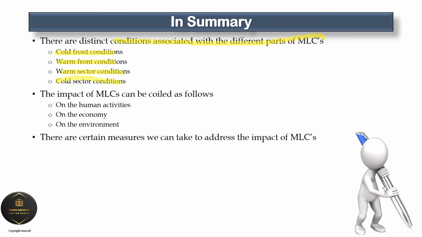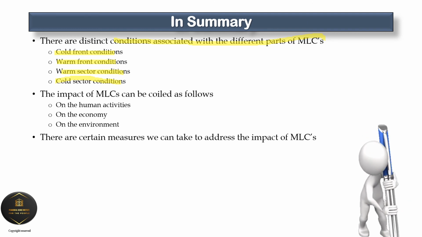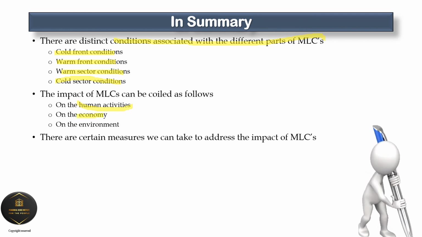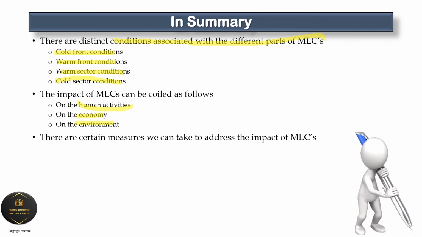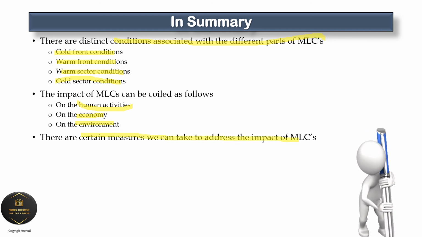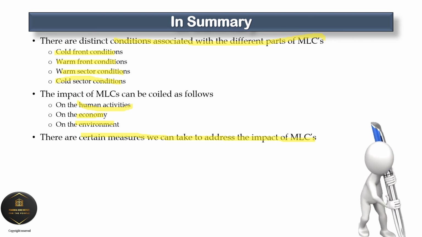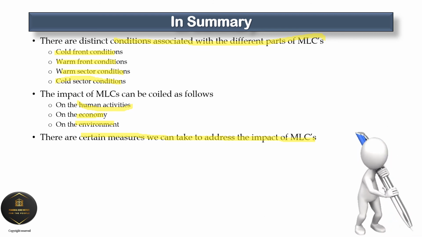And we also looked at the impact of the mid-latitude cyclones on human activities, on the economy and the environment. And we also then looked at the possible precautionary measures we can put in place to address the impact of mid-latitude cyclones. So that's what we talked about in this session.